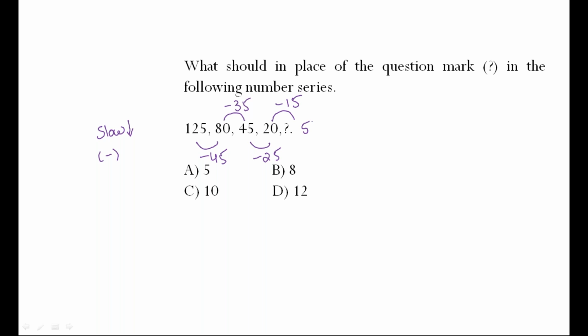It's not 10. 20 minus 15, we should get 5. What mistakes will you make? Options are available, but please be clear with that, friends. So minus 45, minus 35, minus 25, minus 15, finally you will get 5.